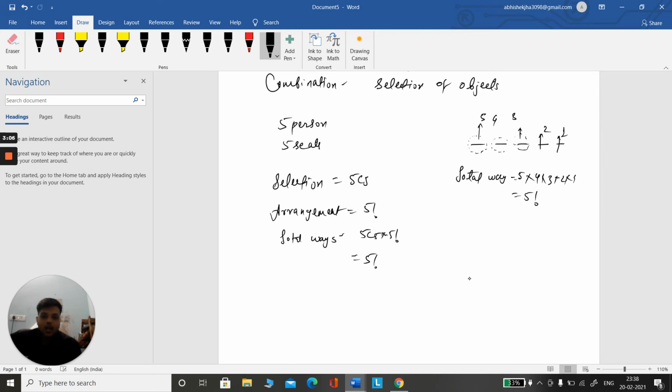So we got the formula. The total ways for arrangement of 5 persons in 5 places will be 5 factorial. That is, in general form, we write the formula n factorial.